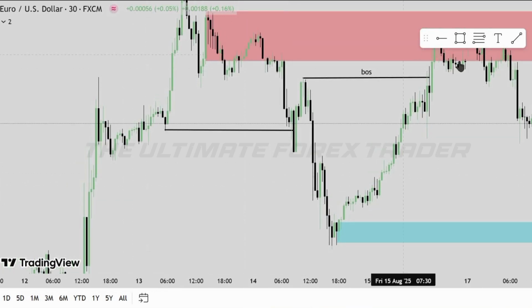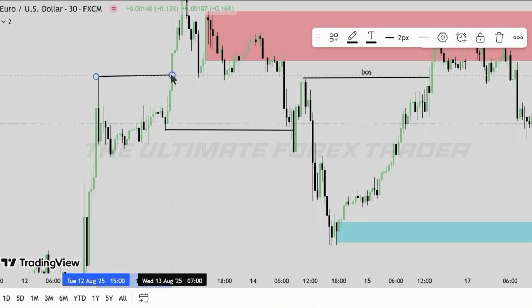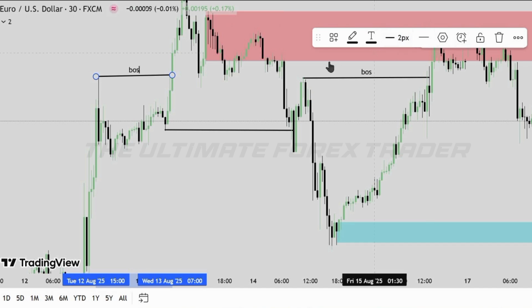Here also you can see a break of structure: high, low, high, and you can see that price broke this high. So we also call this a break of structure. I'm only annotating this and writing this on the chart for the sake of clarity, so that you can spot this and see what I'm doing.